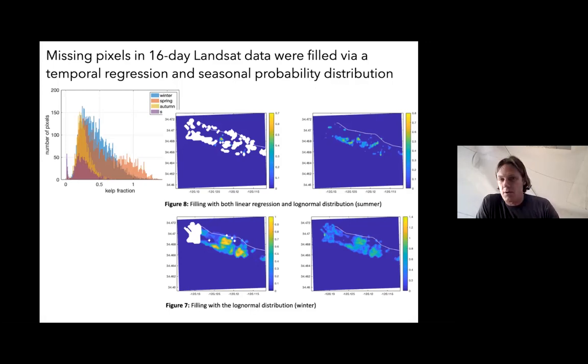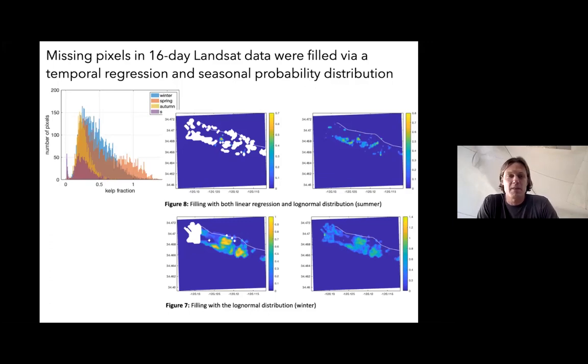So this linear temporal regression relies on, if you focus on figure 8 in the top left panel there, you can imagine for all of those locations where there's missing observations, if we were to look at the time image before and or after this particular observation, I can assume that on sort of the monthly time scale, the amount of kelp in that pixel that's missing isn't going to change too dramatically.